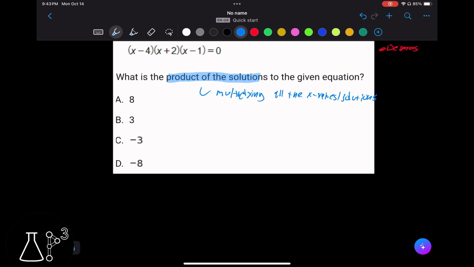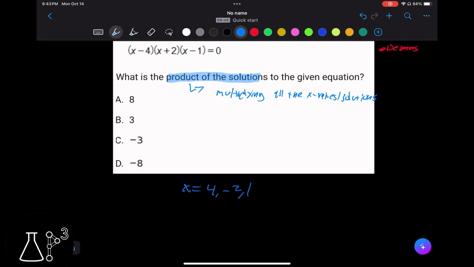So this is why I say you don't really need a calculator, or you don't even need Desmos at all. Because if you recognize that we have parentheses of x's, we can already solve the values of each x. It's just the opposite of what's in the equation. Therefore, my x values, as you can see when we plug it into Desmos, are positive 4, negative 2, and positive 1.